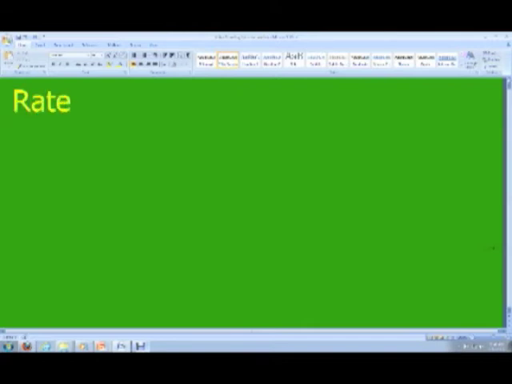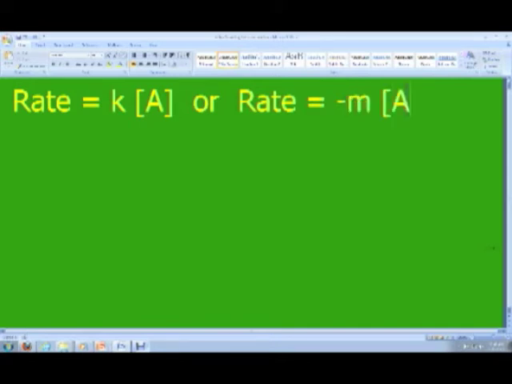I know rate will equal K times the concentration of reactant A raised to the first power. Or, notice I can use the negative slope of the line as my value for K in this particular equation. Because slope of that line is the value for K.